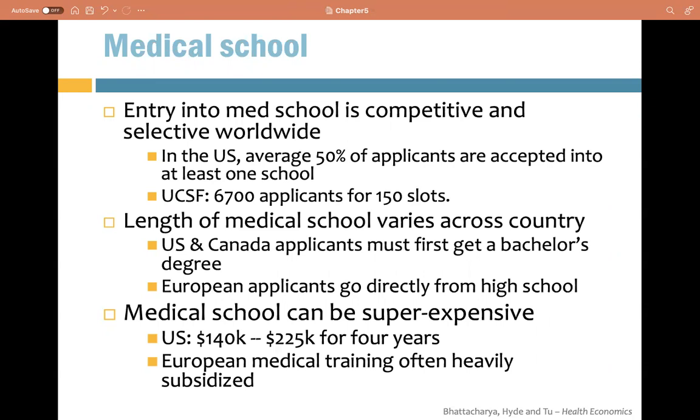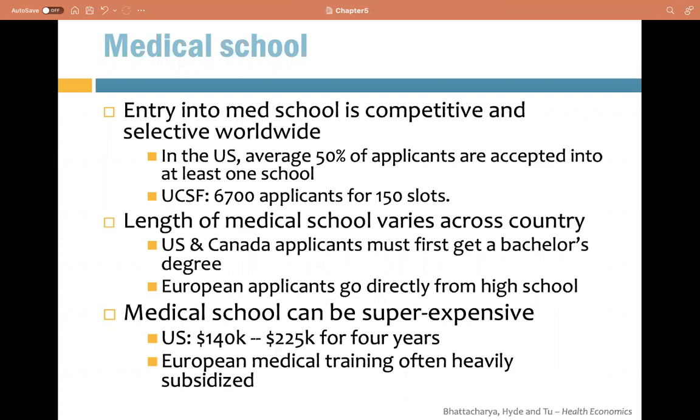Another characteristic of medical schools is that the length of medical school varies across countries. In the US or Canada, applicants must have their bachelor's degrees before they enter medical school, versus in Europe, applicants can go directly from high school. They can get a bachelor's degree and then a doctorate degree in medicine.